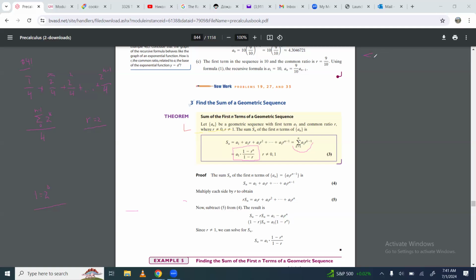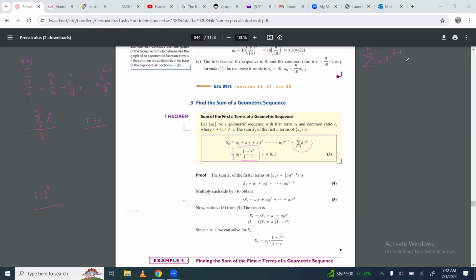So this sum of, well, let me write it down. So the first term, a, I'll just put it as a1, and then r to the power of 1 less. Notice again, they don't use n, they use k minus 1, because they run from 1 to n in terms, so they don't use the same letter, they use k.